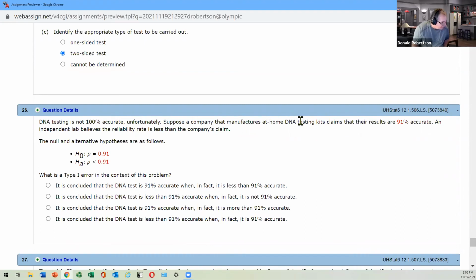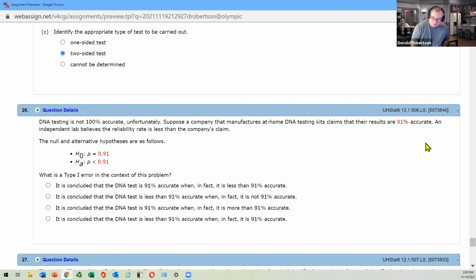Suppose a company that manufactures home DNA testing claims that they're 90% accurate. I've got a feeling this is DNA testing for who the father is, right? Based on what I'm reading here. And it's 91% accurate.